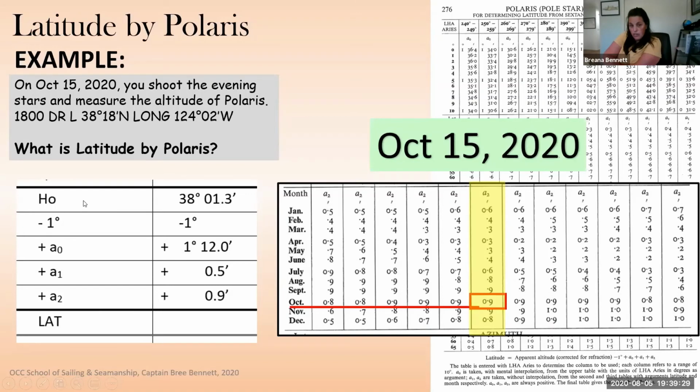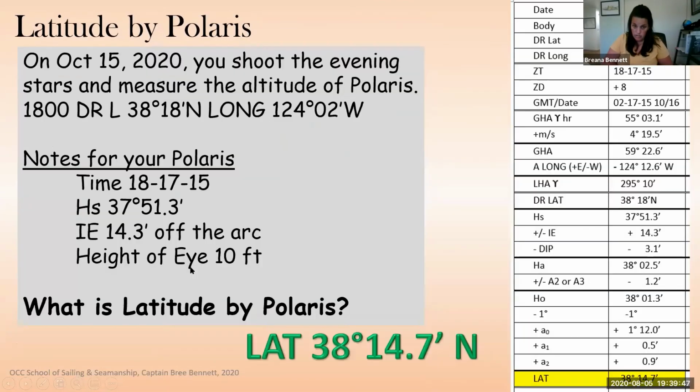So now we add our A0, A1, A2, following that same column. We didn't deviate from that column. And we add up all those numbers, and we get our latitude.